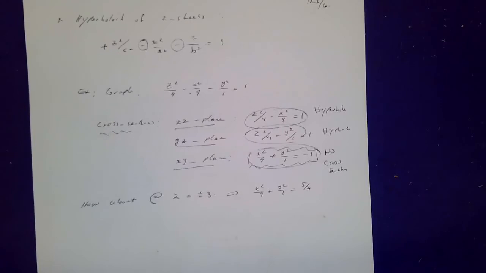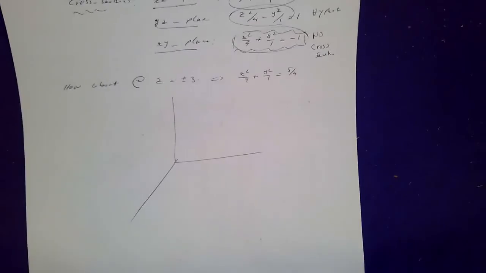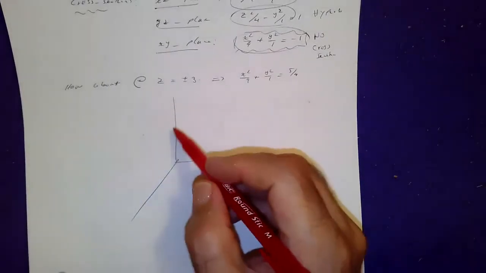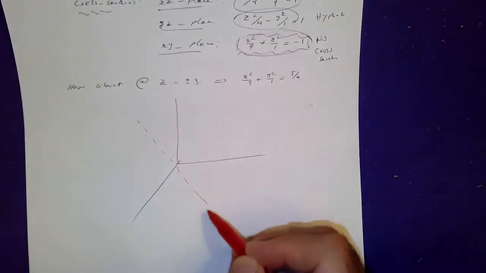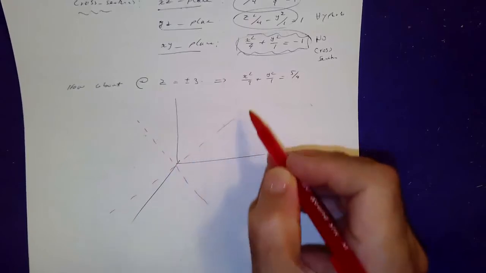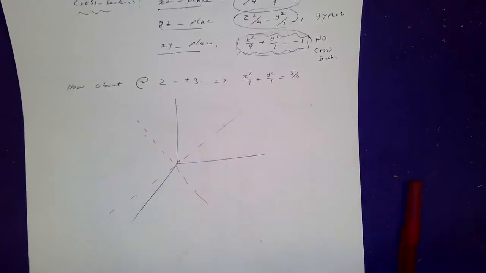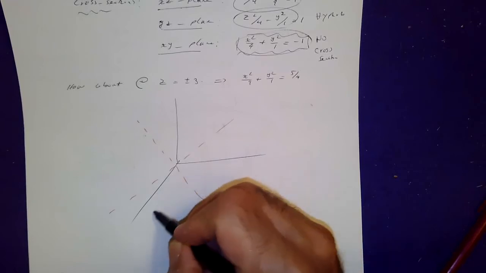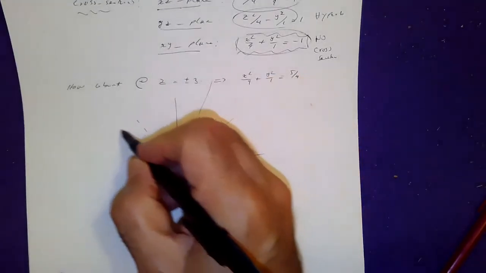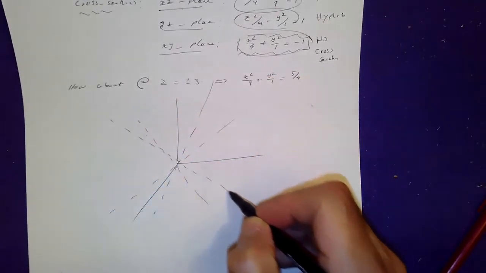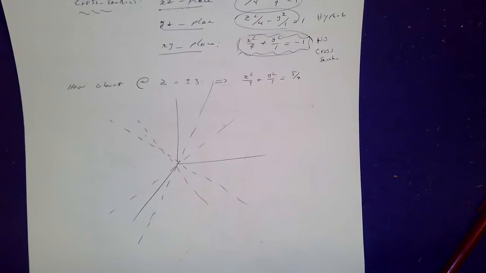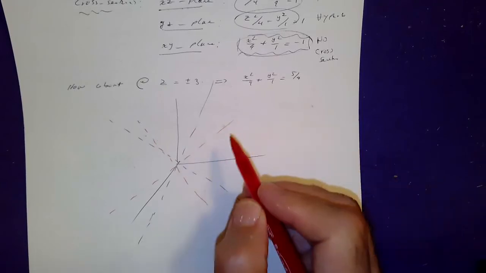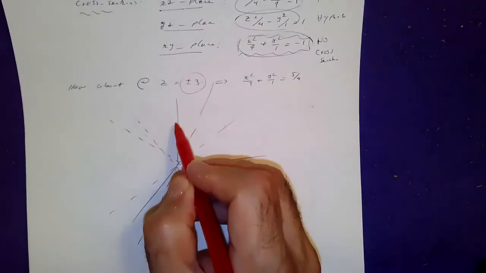If you graph your three-dimensional axes, now you have what? These lines right here are like asymptotes, correct? So you have two of these. There you go, I'm just trying to give you a rough estimation. Let's say this is plus or minus 3.